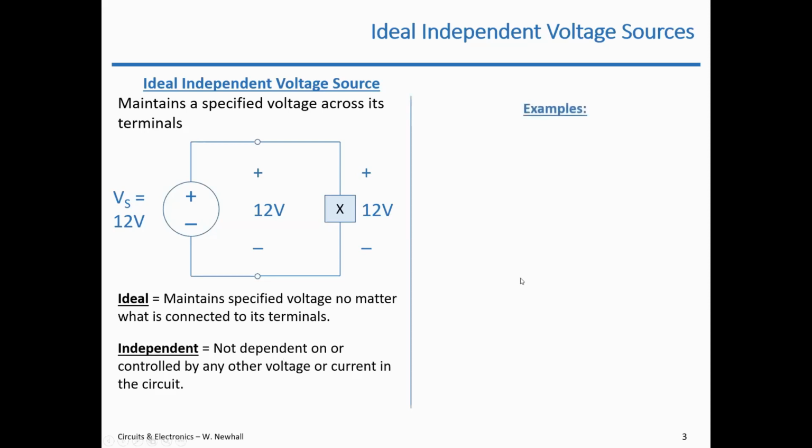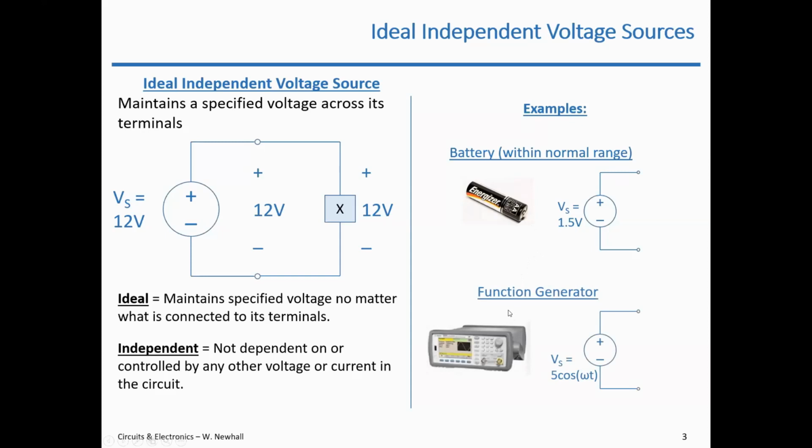Some good examples are a battery within a normal range. If you operate a 1.5 volt AA battery and draw a few milliamps from it, you will see it maintains 1.5 volts. If you try to turn your car starter with it, it won't maintain 1.5 volts. It's not ideal. But within its normal range, an ideal independent voltage source can be used to model a battery.